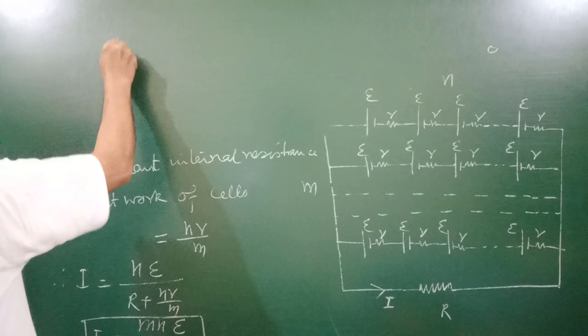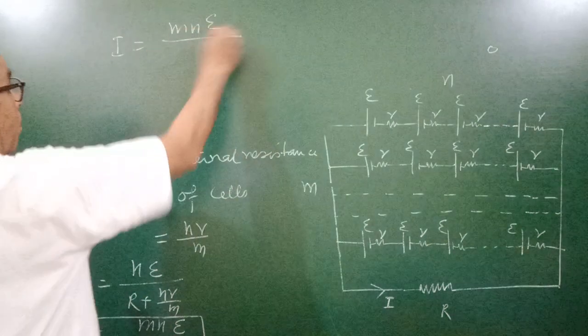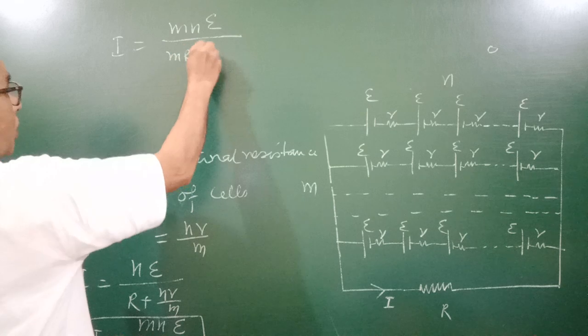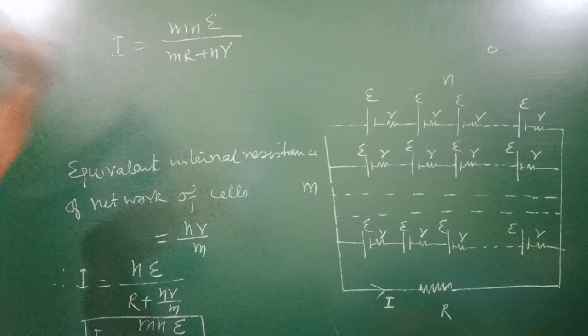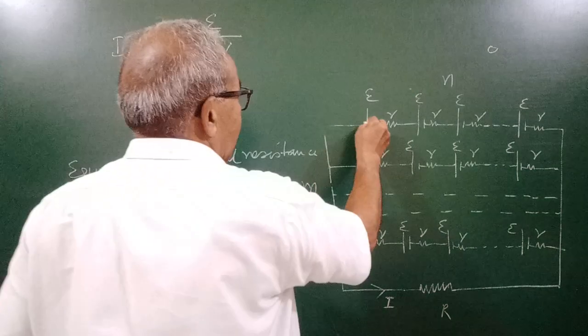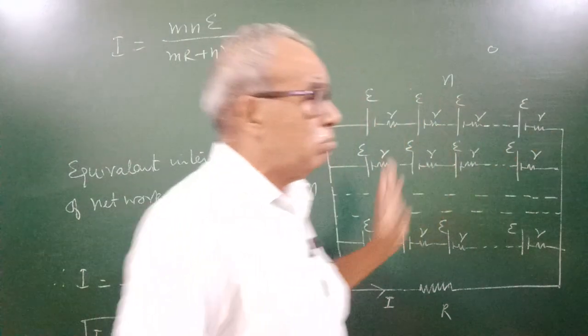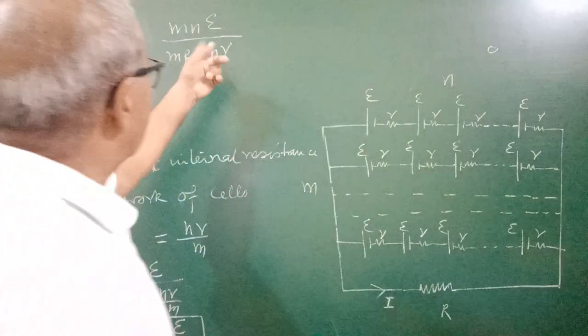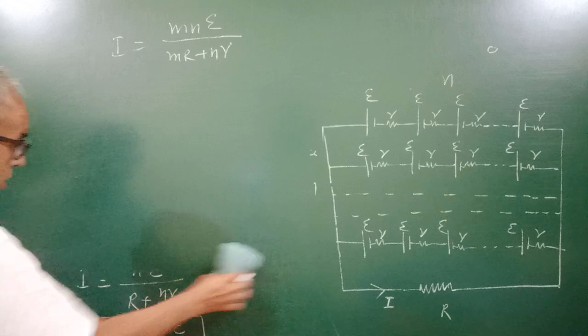So here we get I equal to mnE upon mR plus nr. What is n or what is m? Please remember. Sometimes the examiner sets the paper to write m cells in n rows, so it will be reversed. That is a simple thing.